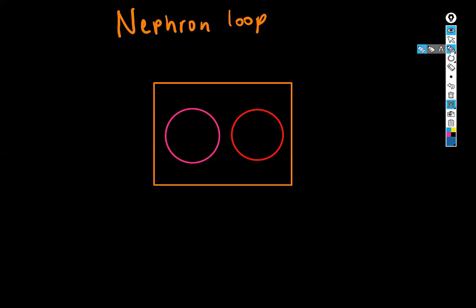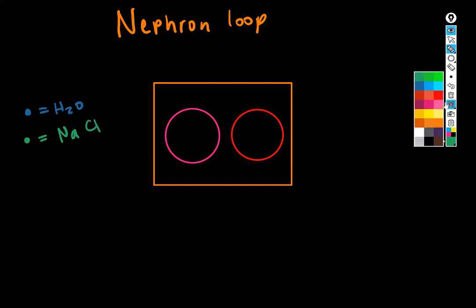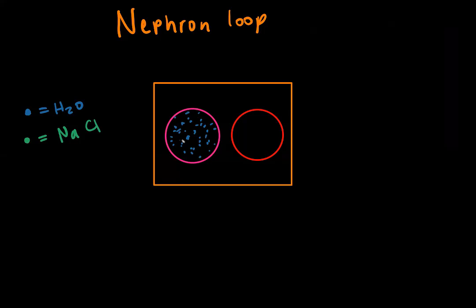Let me make a little key here. So blue dots are water, green dots are sodium chloride, aka salt. In each box, I have a bunch of water.